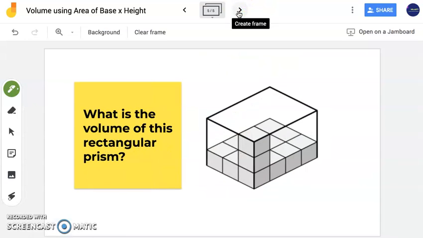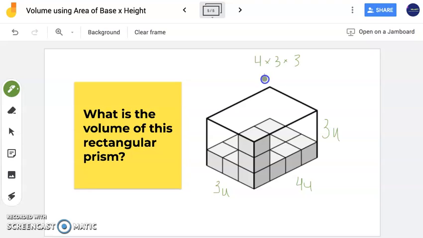Now the next question says, what is the volume of this rectangular prism? Now I'm going to label my dimensions one more time. Okay, my 4 units, which I just did in the previous problem. And notice if you wrote this on scrap paper, you could have already just used this. Now we are actually going to find the volume. So now in this problem, you're actually going to multiply.